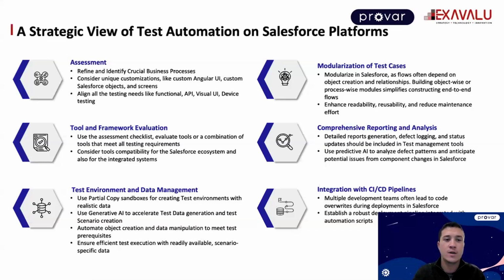Just to add a quick point, because I think it's really relevant to some of the conversations that we have at Provar with our customers, especially those that have a strategic view when coming into these conversations. A lot of that is around scaling. One of the points I would highlight on this slide is the modularization of test cases.